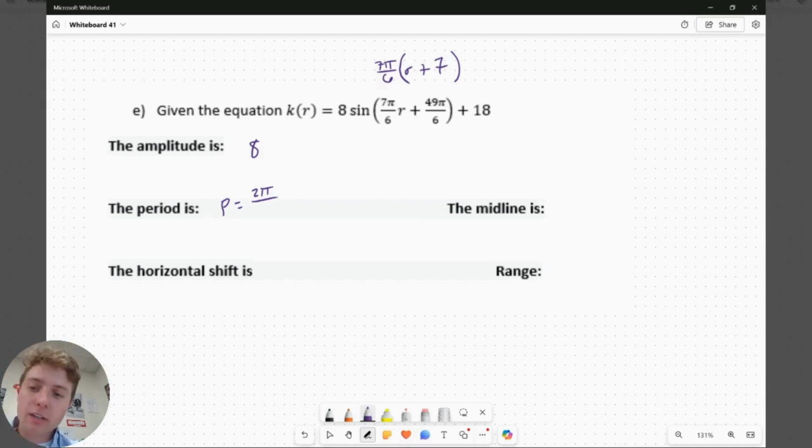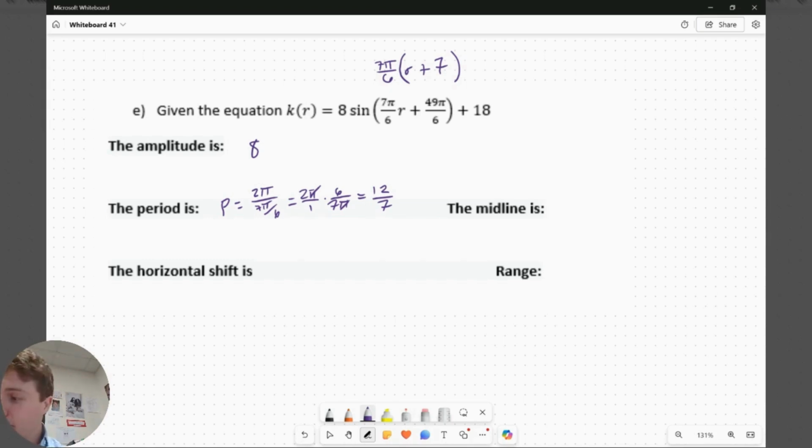So now that we've factored it, now I can determine what the period is, because now I know the b value is 7pi/6. Again, copy dot flip that if you need. Looks like the pi's would cancel and we would get 12/7 in this case.